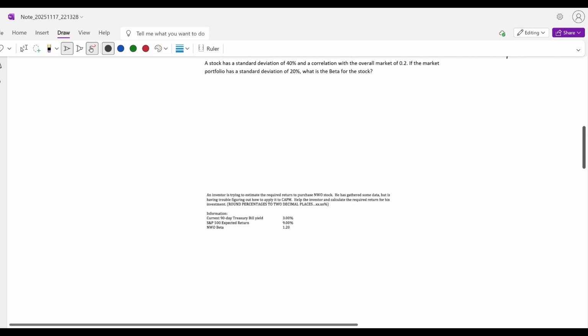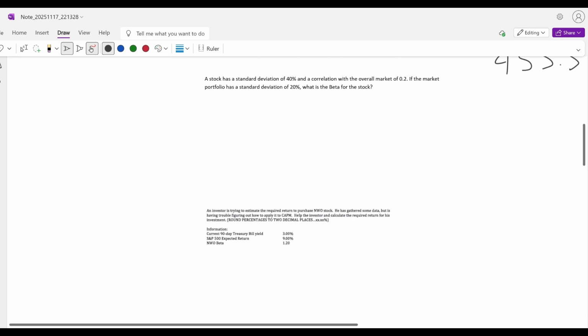Then let's hop down into the next one. So a stock has a standard deviation of 40% and a correlation with the overall market of 0.2. So if the market portfolio has a standard deviation of 20%, what is the beta for this stock?